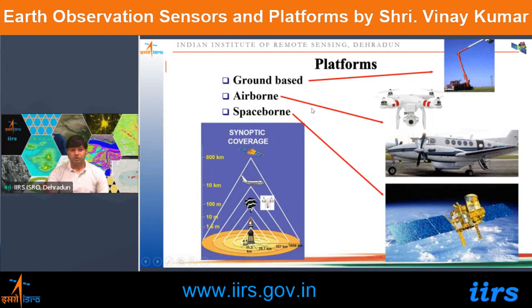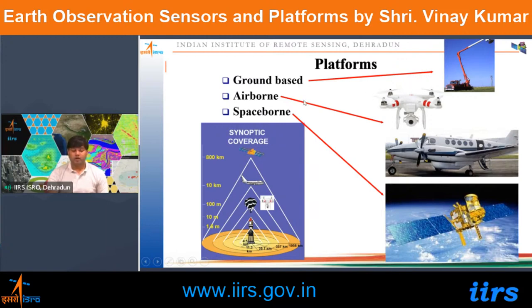Now coming to the categories of platforms. Platforms are categorized into three types: ground-based, airborne, and spaceborne. Ground-based platforms are normally used for validating or calibrating the data captured through satellite or airborne platforms. That can be checked through the ground-based platform, and it gives detailed information about the Earth's surface.